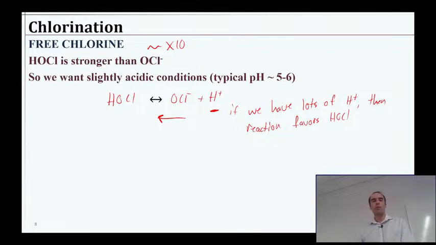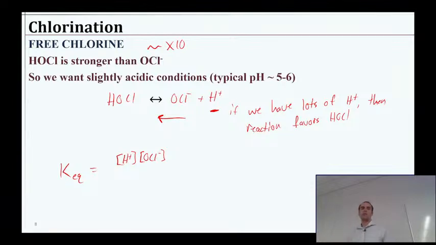And we can remember from our equilibrium chemistry that we can define some equilibrium constant, and we define that as the products, in this case H plus times OCl minus, multiplied by each other.